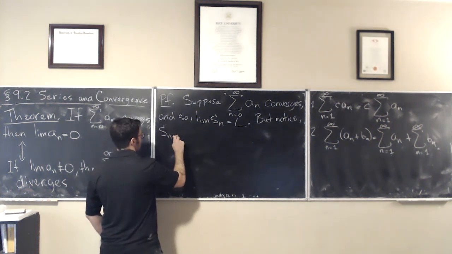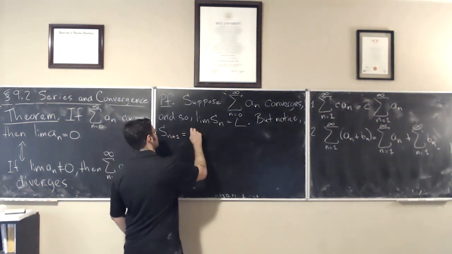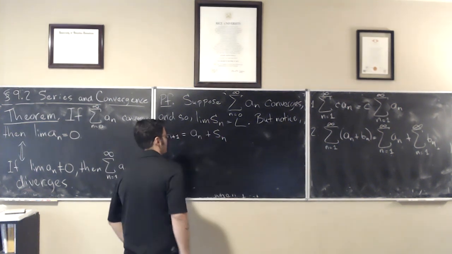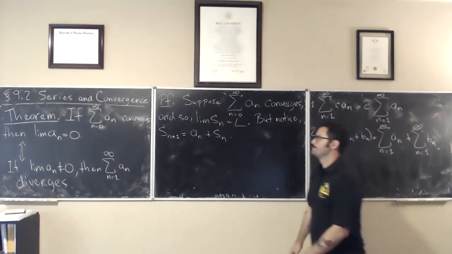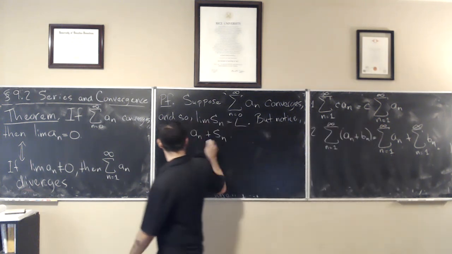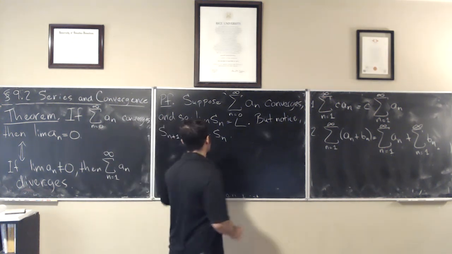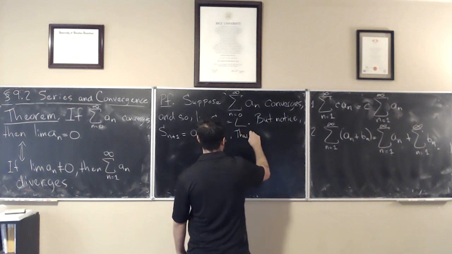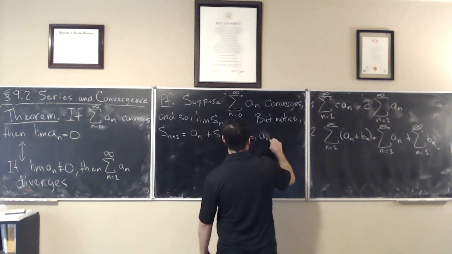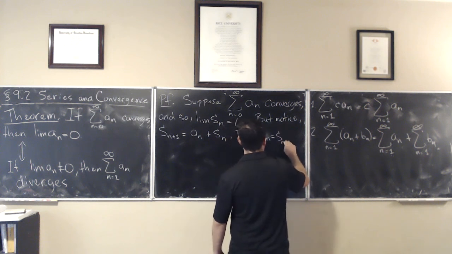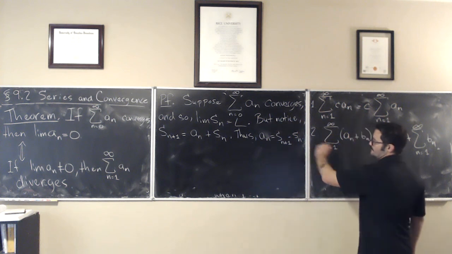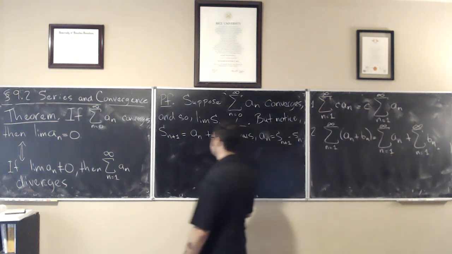Notice S sub n plus 1 is equal to a sub n plus S sub n. The next partial sum is the previous plus the new term, which means a sub n is equal to S sub n plus 1 minus S sub n. I just subtract S sub n on both sides.